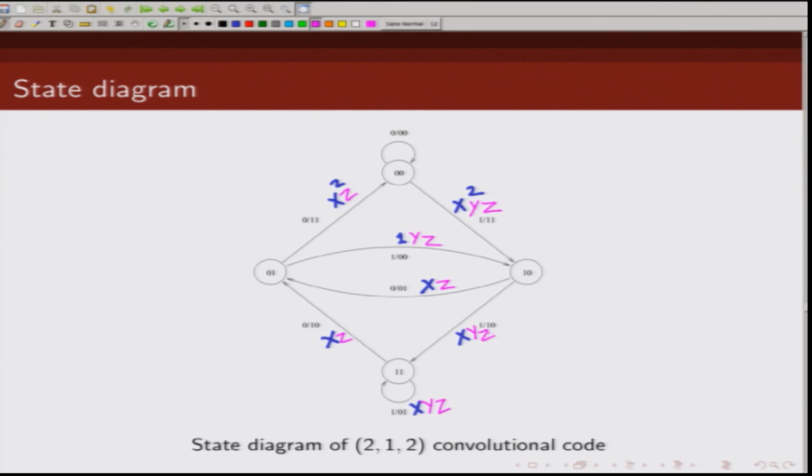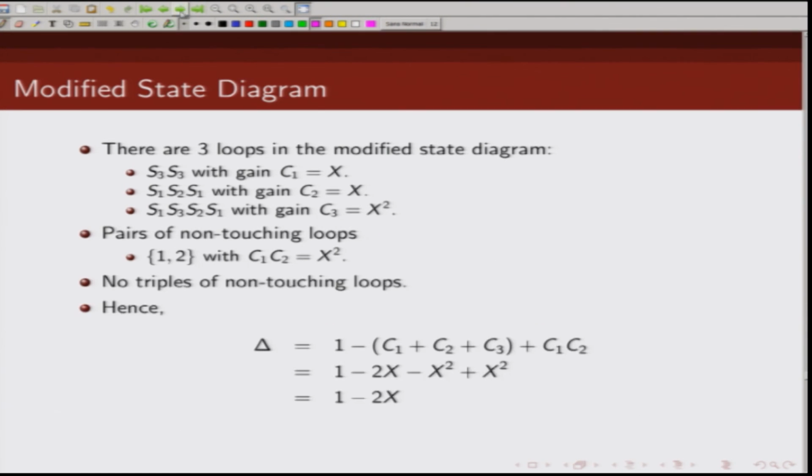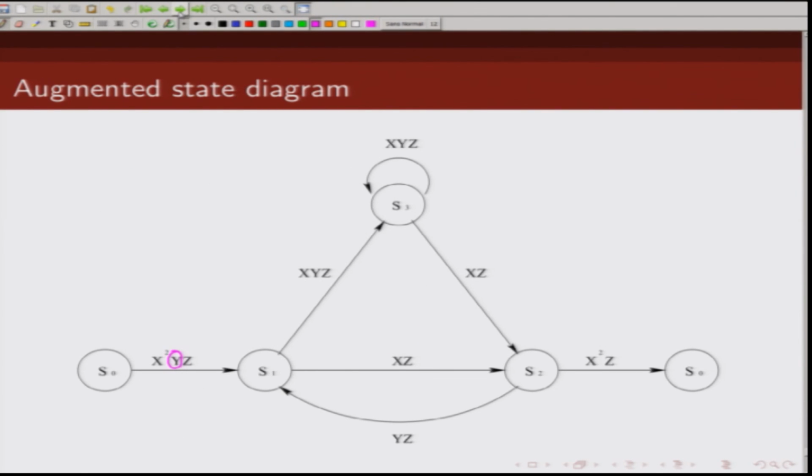Okay. So, that is your augmented state diagram, and that is what I mean, the completed augmented state diagram is what I am showing you here. This is basically my augmented state diagram, where I am not only specifying the coded weight, but I am also specifying what input causes that output bit and z to denote the length.